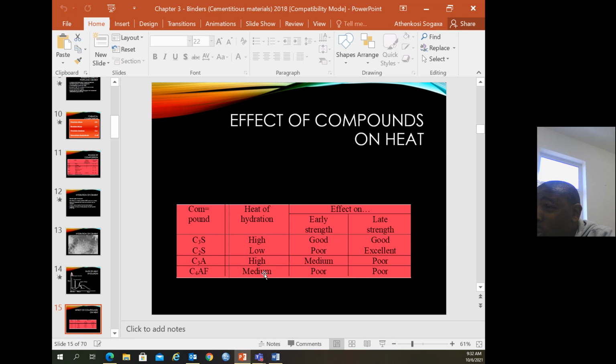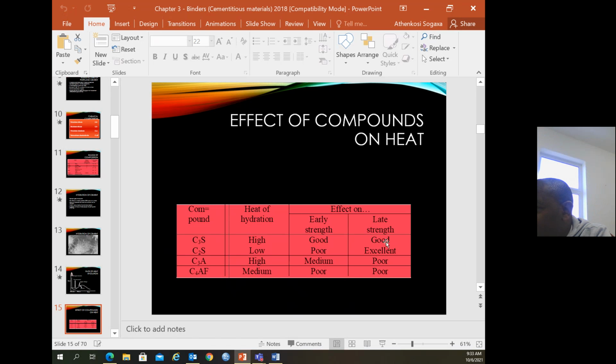Now, when it comes to the effect of that, early strength: how early does the concrete gain strength with tricalcium silicate? Therefore, it's good for early strength. And for late strength, once you reach 28 days, which is the target, you should reach the full strength of your concrete.